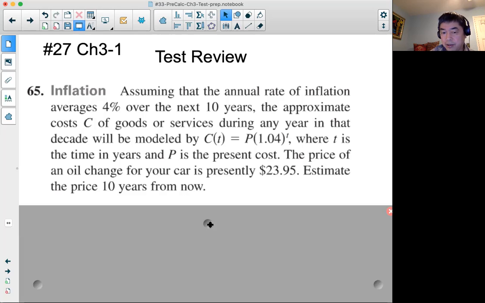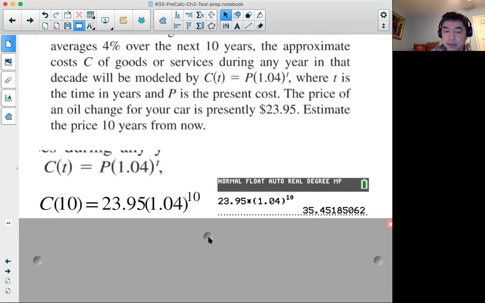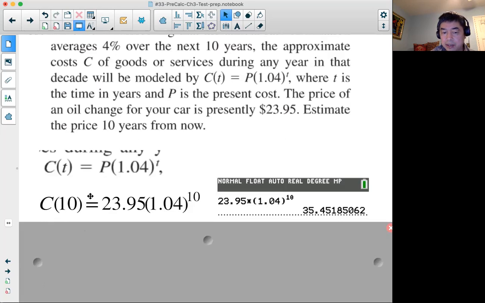Okay, so all you have to do is P is the principal. So just plug in the price value, which is $23.95. T, because they're asking 10 years, so exponent will be 10. So this is the equation, okay? And this is going to be the price.